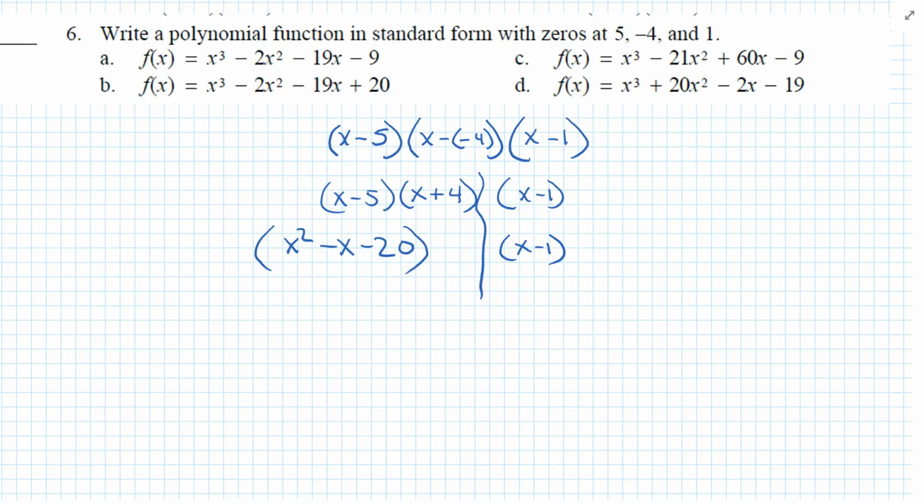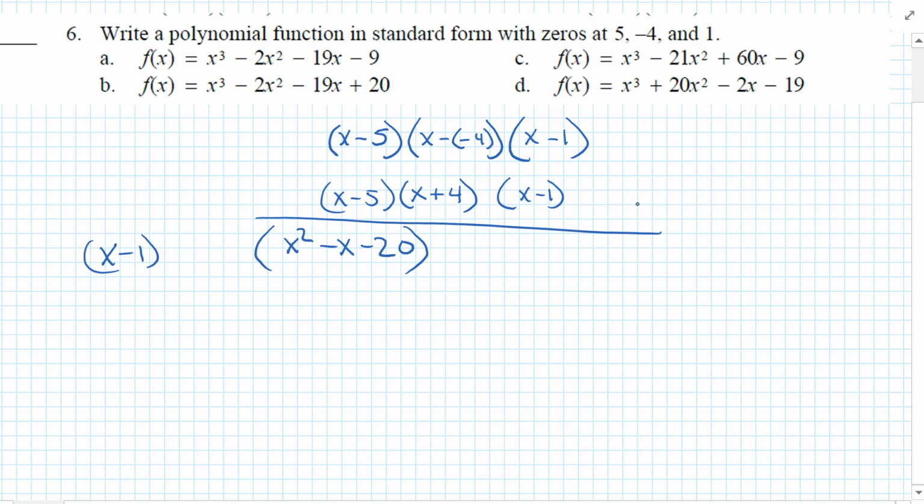To make it a little easier, I'm going to move the x minus 1 over here. Okay. So now let's just distribute. X times x squared is x cubed. X times negative x is negative x squared, and x times negative 20 is negative 20x. Now go to the negative 1.